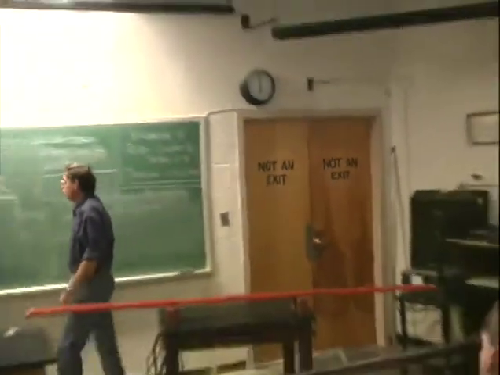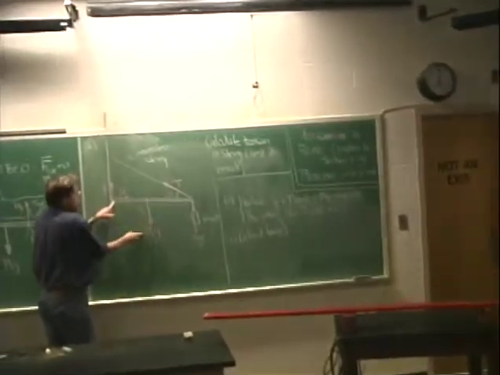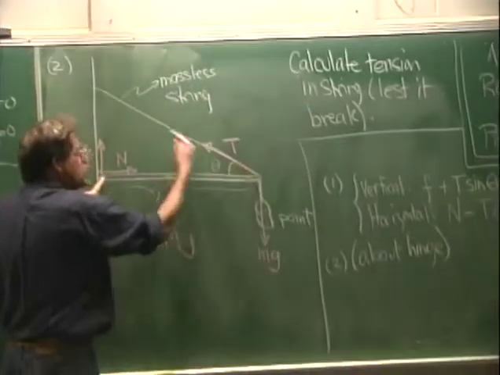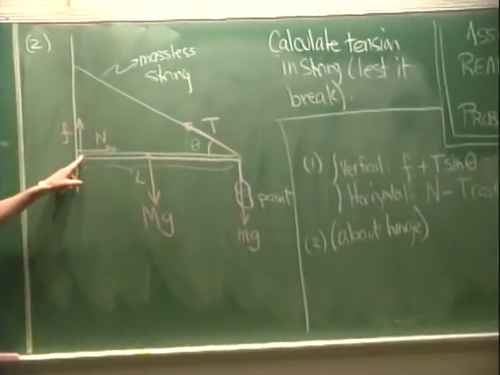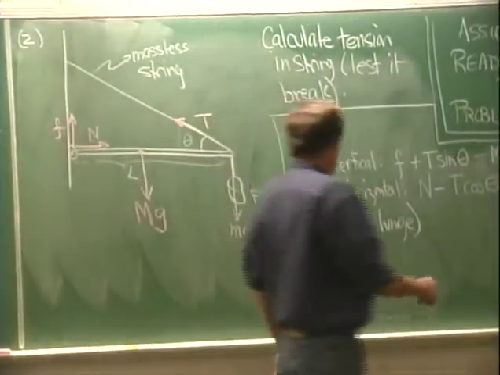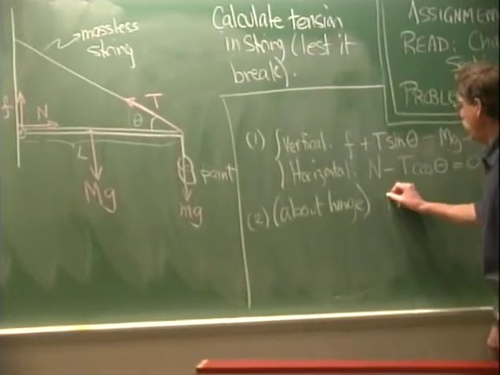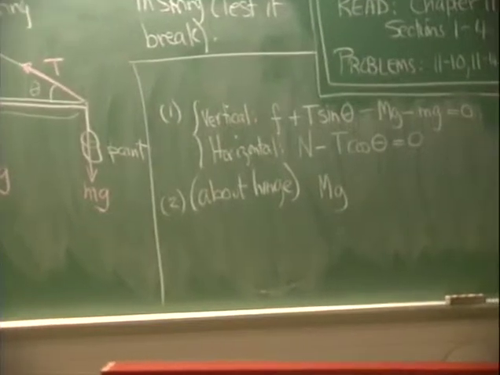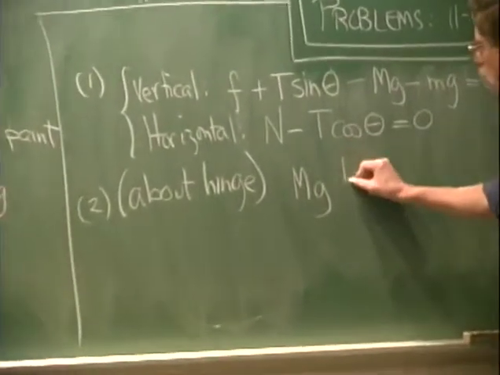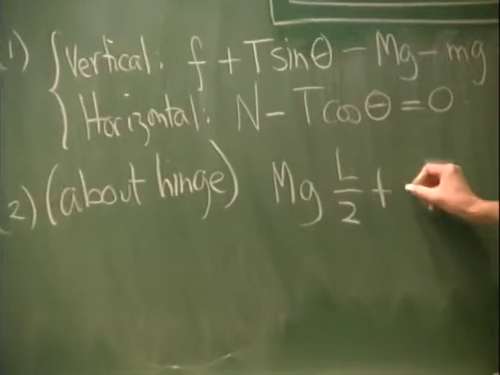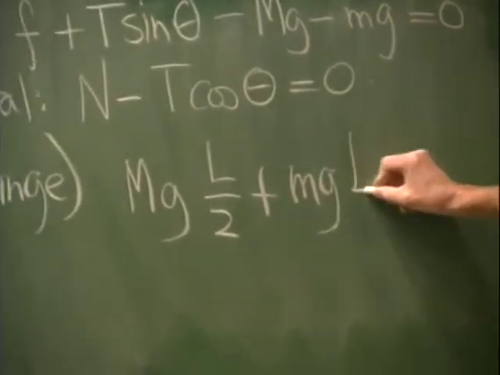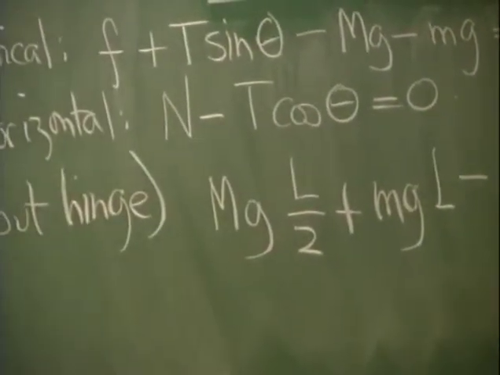Okay, now what do I see here? About the hinge, this is tending to rotate it clockwise, this is tending to rotate it clockwise. Tension is tending to rotate it counterclockwise, so it'll come in with the opposite sign. So what do I have? Mg and its lever arm, L over 2, and little mg, its lever arm, L, and now the lever arm of the tension.